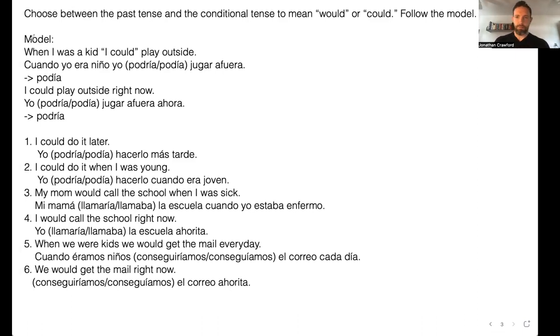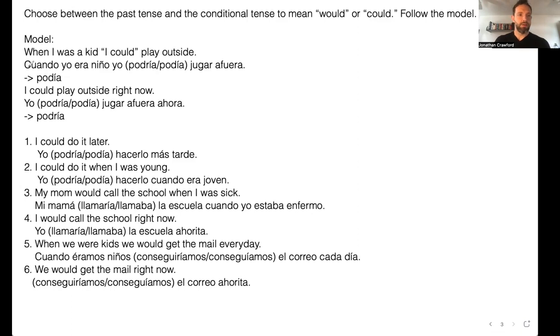But I don't want to go into too much detail talking about English, but basically what we're talking about here is: is it going to be the past imperfect or is it going to be the conditional? So let's go ahead and take a look at the model. When I was a kid, I could play outside.